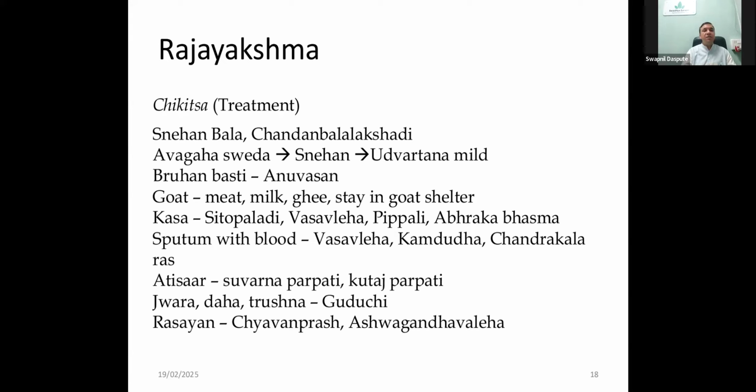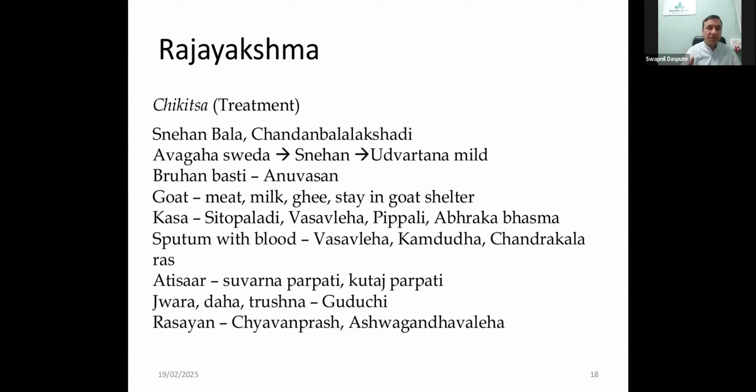For Kasa, Sitopaladi Churna, Vasavaleha, Pippali (long pepper) and Abrakabhasma are helpful. In treating sputum with blood, Vasavaleha helps. Kamdudha rasa, Kamdudha with Sadha or with Mautik, both are good.